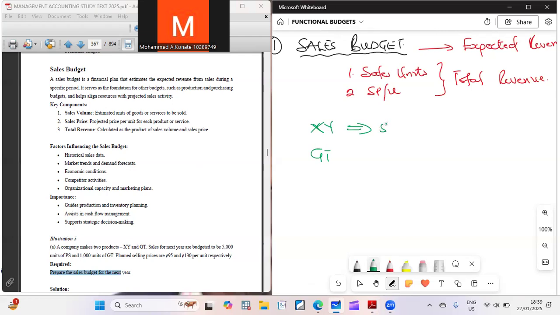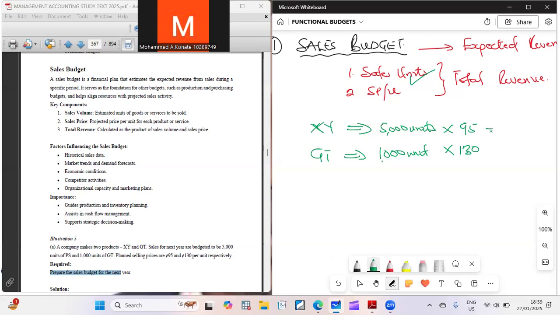So for XY, it's 5,000 units. And for GT, it is 1,000 units. And once we have the units, we need a selling price per unit. In this case, this one is 95 and this one is 130.